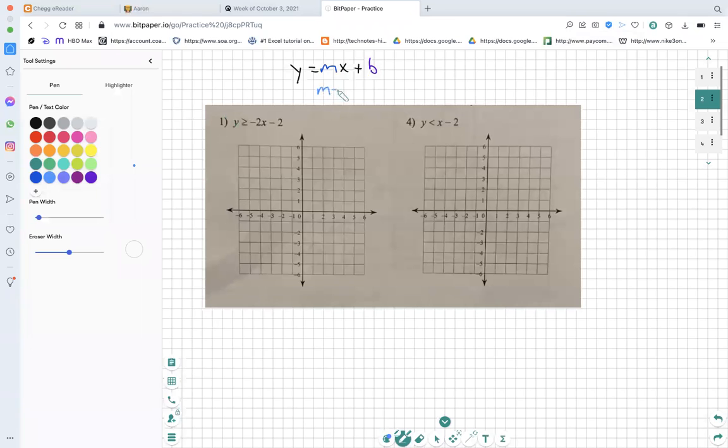M is the slope, rise over run. B is the y-intercept, where it crosses the y-axis.